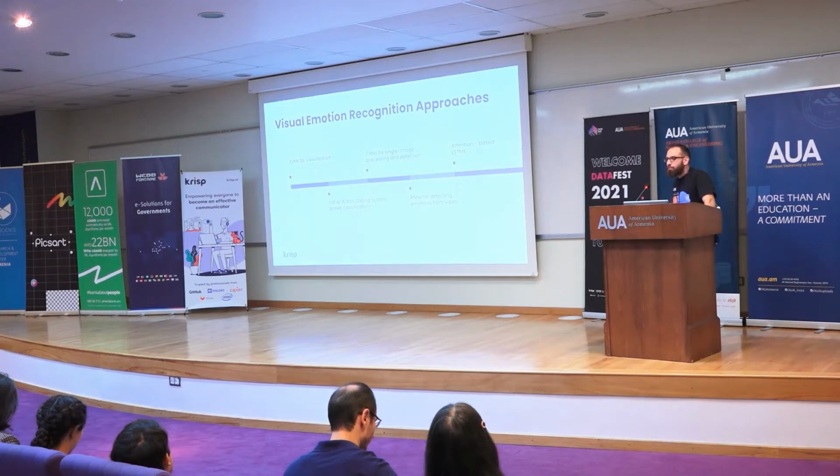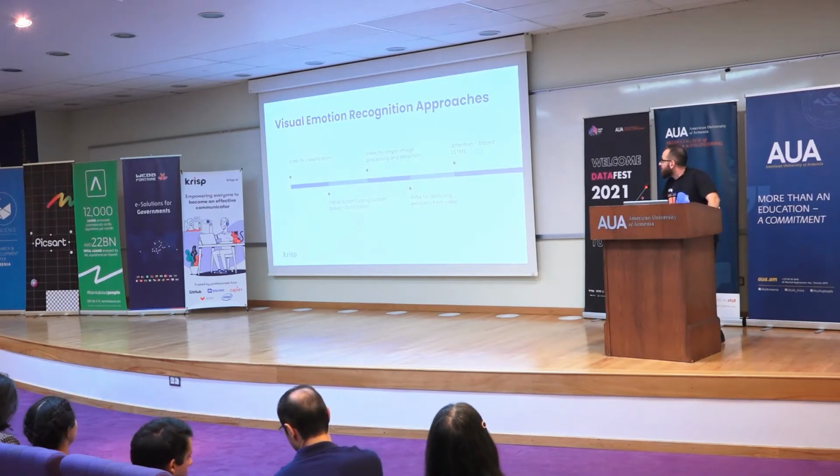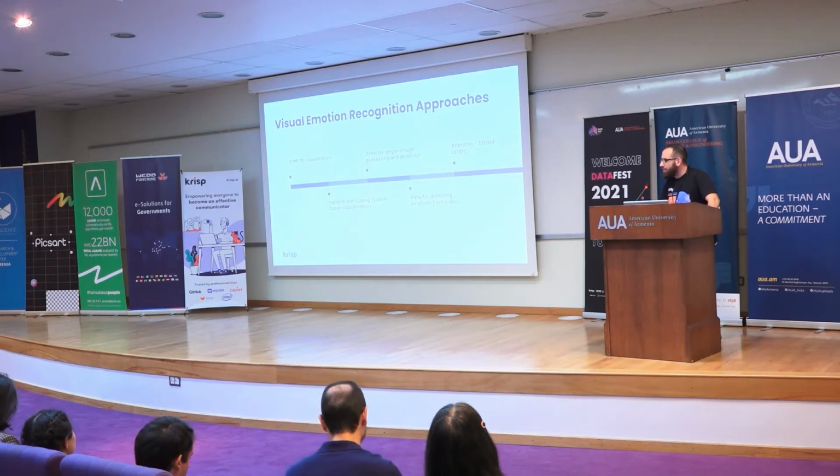When it comes to detecting emotions from single images, the current state of the art and the historic solutions usually are based on convolutional neural networks.